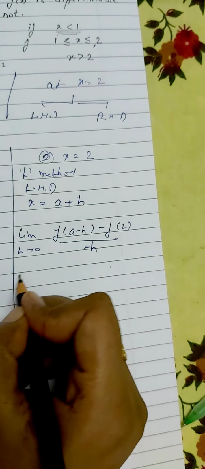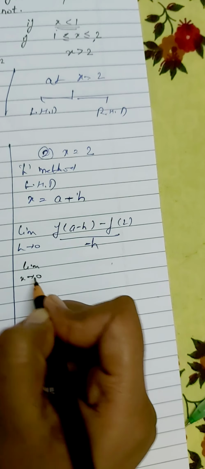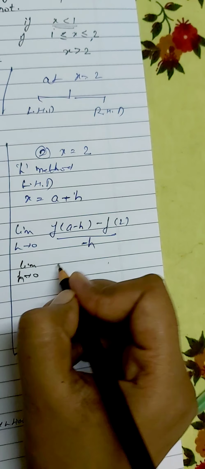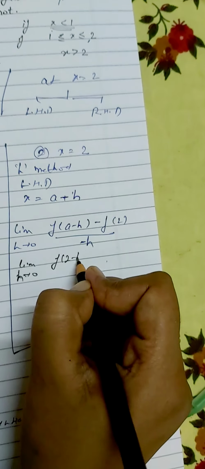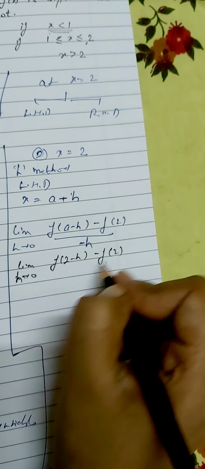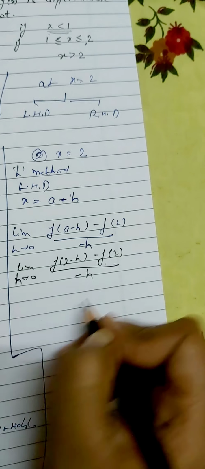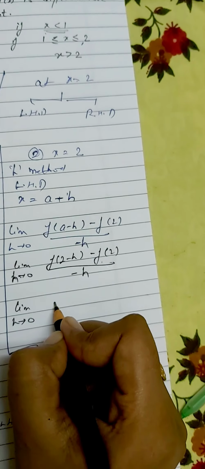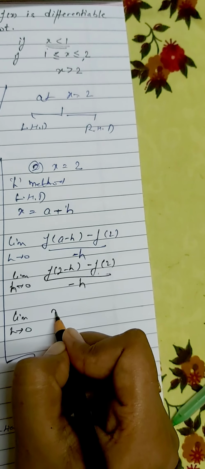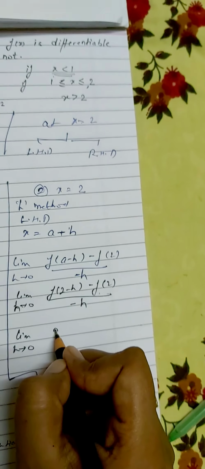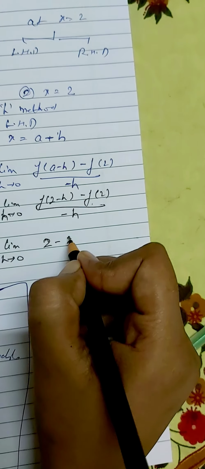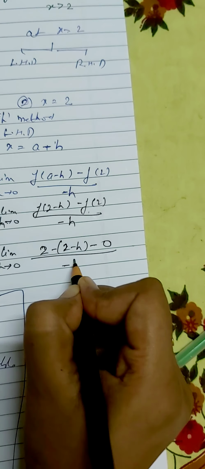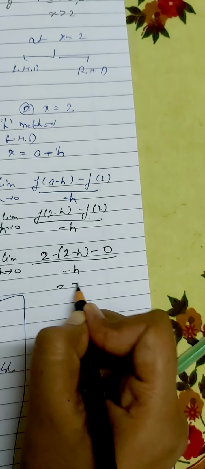Putting the values, h tends to 0: (f(2 minus h) minus f(2)) divided by minus h, that is (2 minus (2 minus h) minus 0) divided by h, so I guess it will be minus 1.